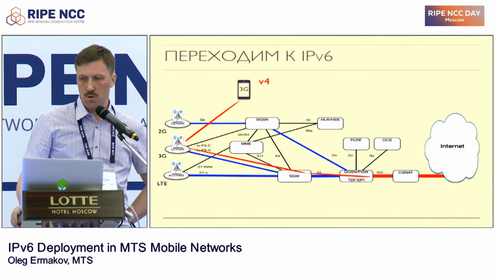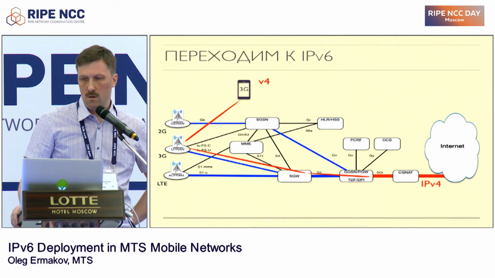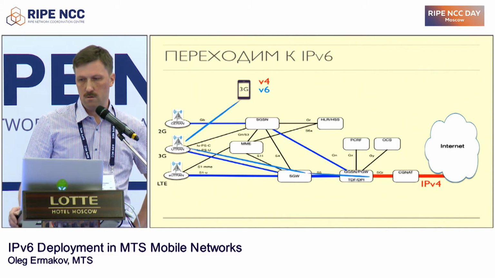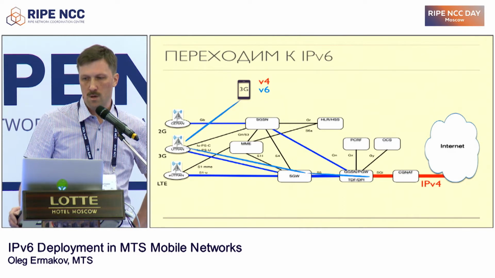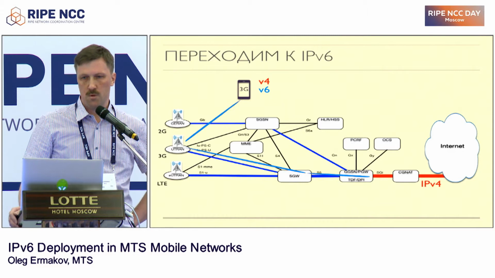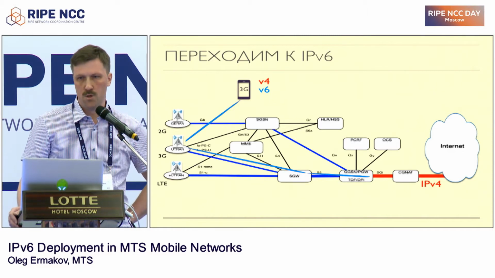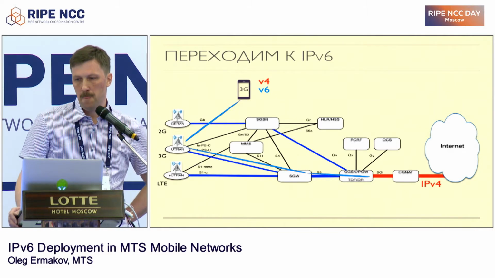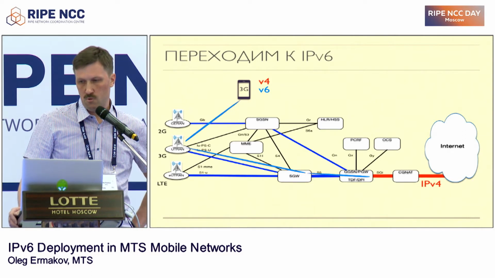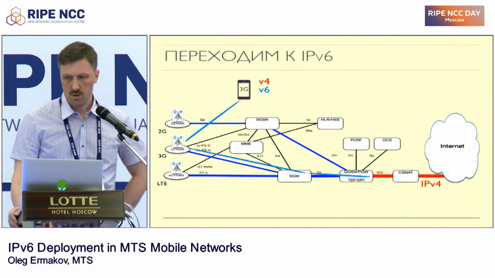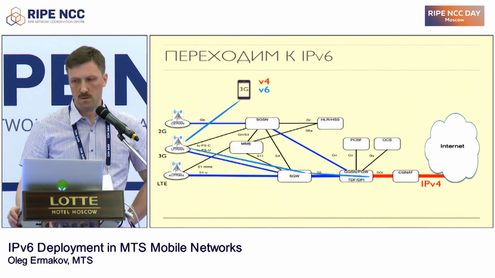Now, let's take a look at the IPv6 case. The same tunnel can carry IPv6 traffic. It's basically the same tunnel, it's just that it's a different type of tunnel. And the smartphone should request an IPv6 type of connection. The base stations, again, know nothing about the IP address assigned to the device.